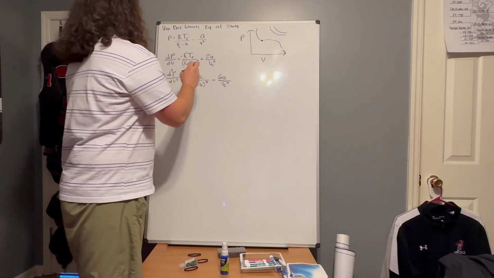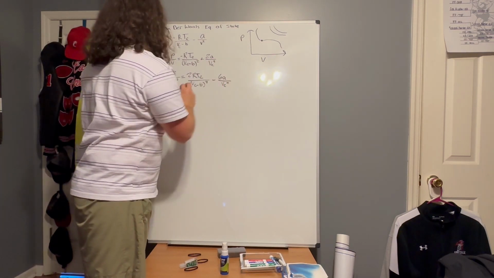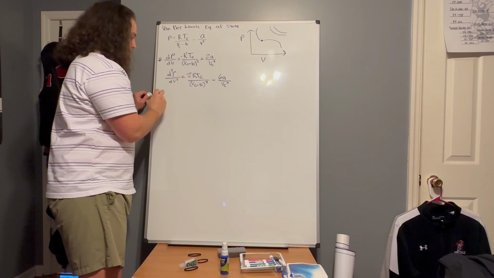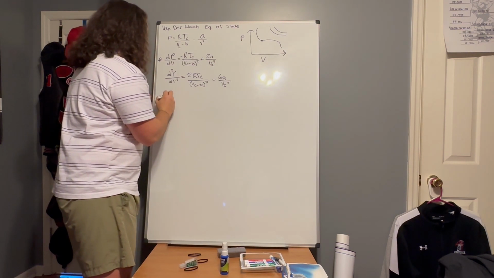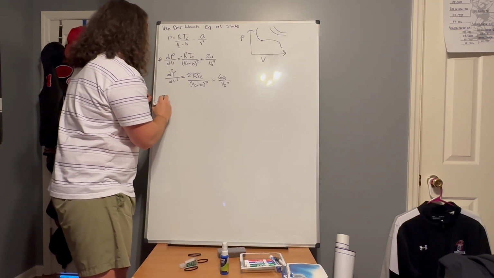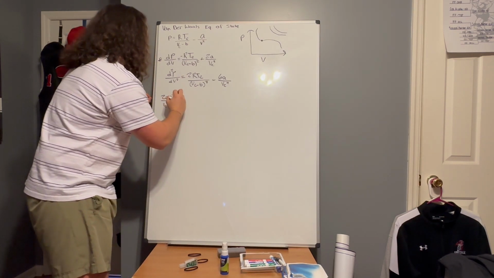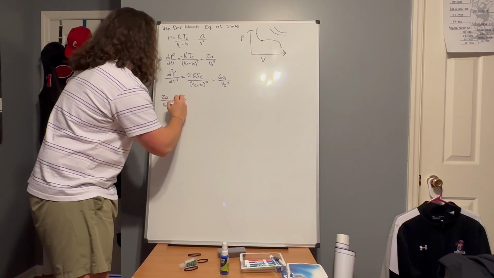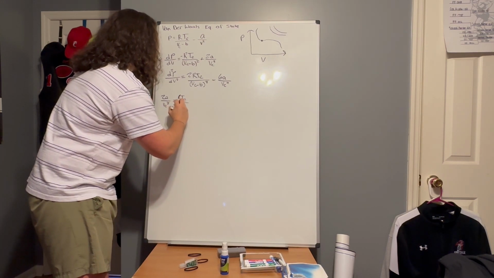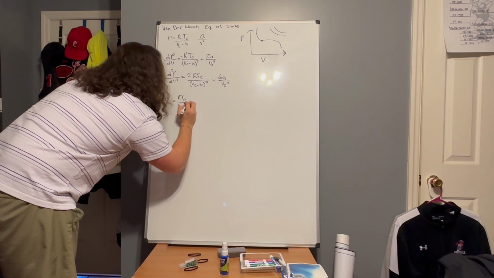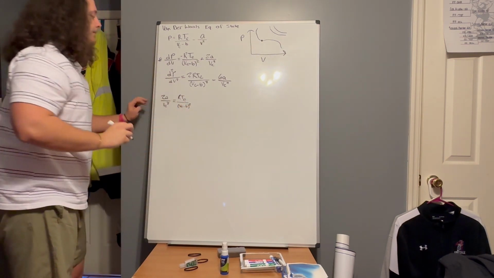To start, the first derivative gives 2a over VC cubed equals RTC over (VC minus b) squared.